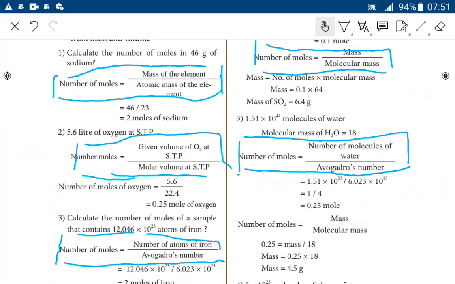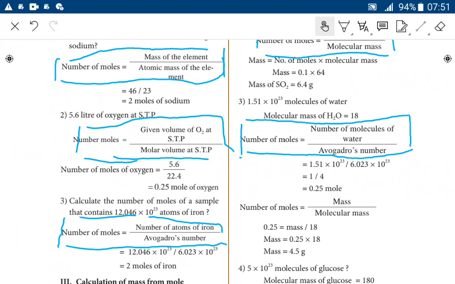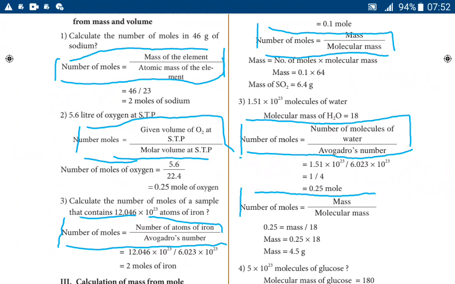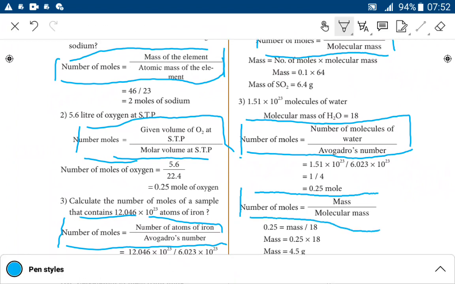That is going to be 1 by 4, 0.25 mole. Now the number of moles is calculated. From the number of moles you have to calculate the mass of the given substance using the same formula, the formula for number of moles is equal to mass by molecular mass. Because water is a molecule, we are taking mass by molecular mass.